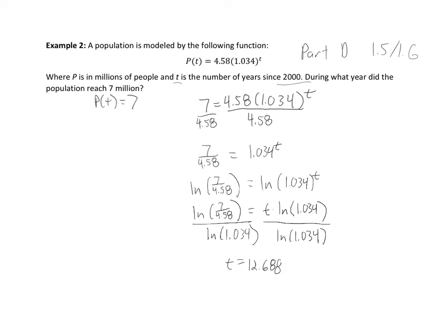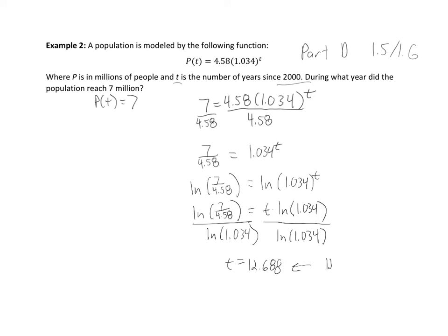12.688. Well, we need to think about the question. What does that mean? This is during what year did the population reach 7 million? Well, t is the number of years since 2000. So what this tells me, and I wouldn't round this number because it's just part of a year.